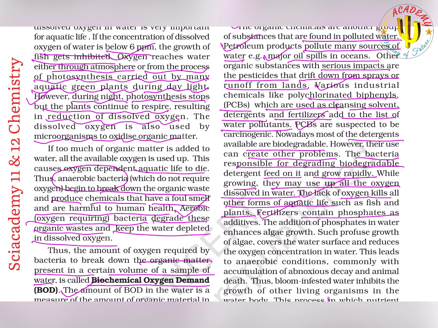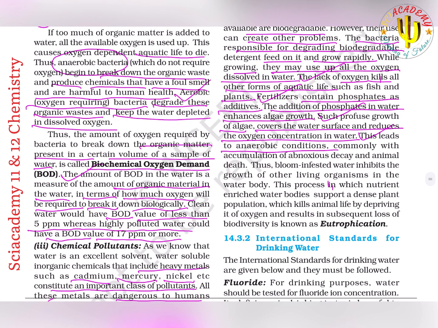Fertilizers contain phosphates as additives. The addition of phosphates in water enhances algae growth. Such profuse growth of algae covers the water surface and reduces the oxygen concentration in water. This leads to anaerobic conditions, commonly with accumulation of obnoxious decay and animal death.